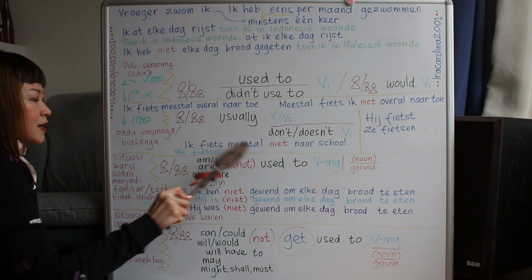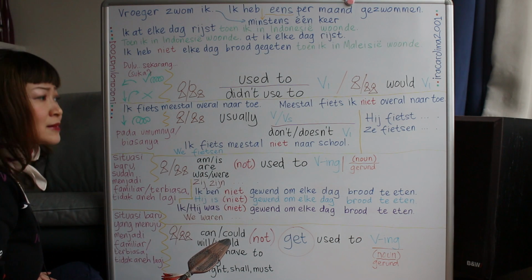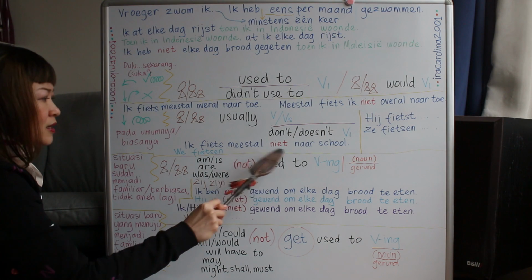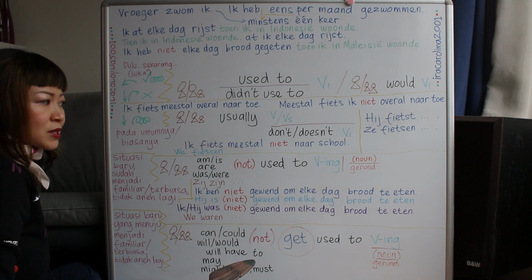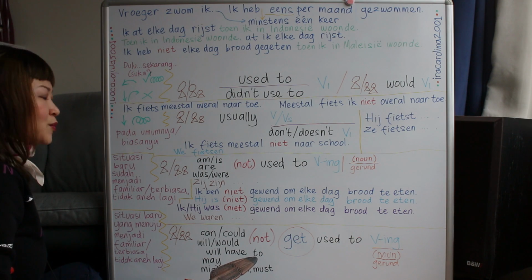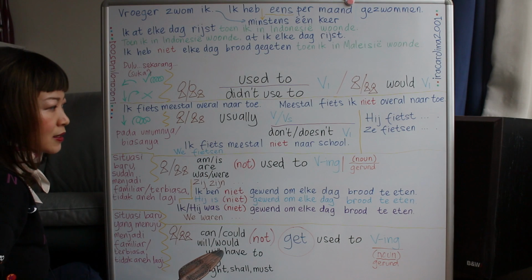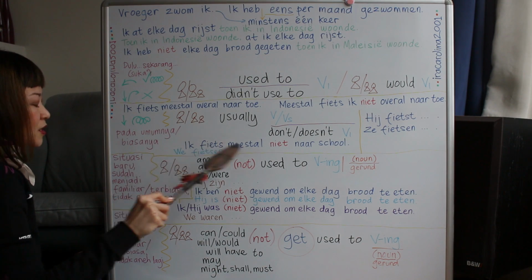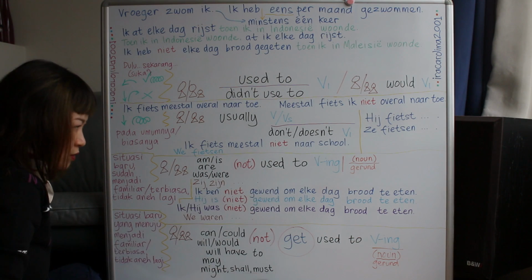I bike mostly or most of the time, but the exception, excluding to school. You usually bike, but when you have to go to school, you don't use your bike. This sentence, the meaning is that way. Ik fiets meestal niet naar school.